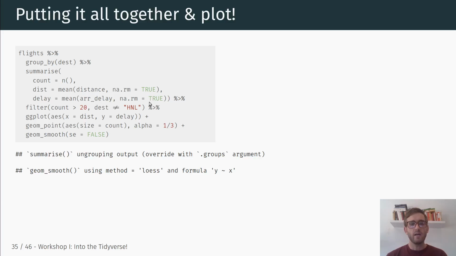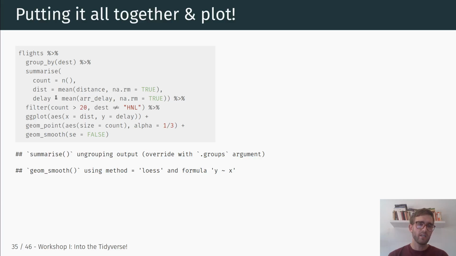But since the output of these functions is always a data frame, and the first argument in a ggplot command is also a data frame, we can directly pipe this to a ggplot command if we want to, for example, plot the relationship between the average distance that we computed and the average delay.